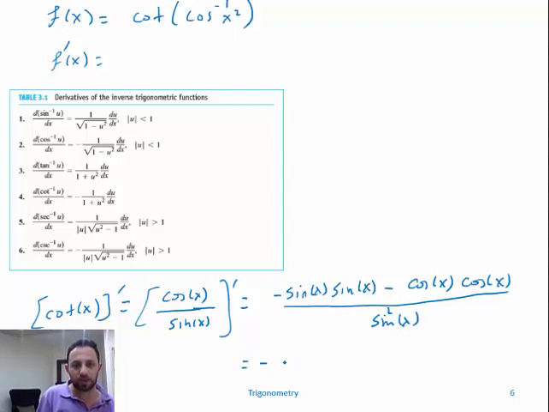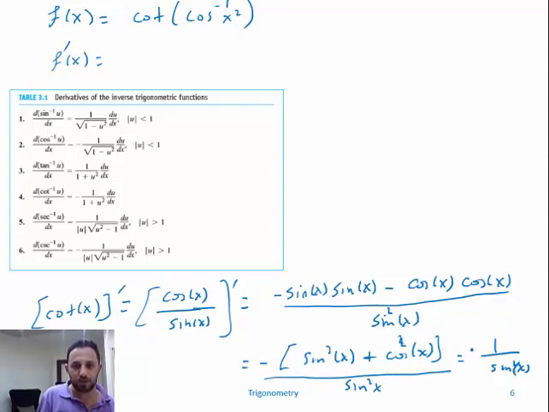So we take minus outside, and we have sine square of x plus cosine square of x over sine square of x, which is equal to 1 over sine square of x, and minus. 1 over sine is cosecant, so we have minus cosecant of x squared. Because it's 1 over sine square, remember to put the square there. So the derivative of cotangent is minus cosecant square x.